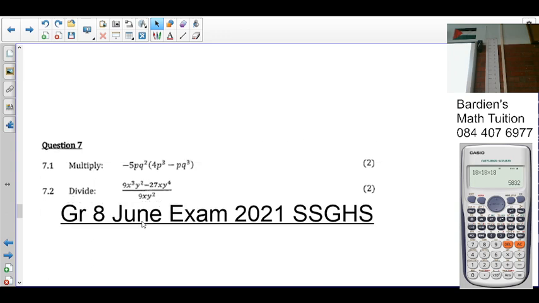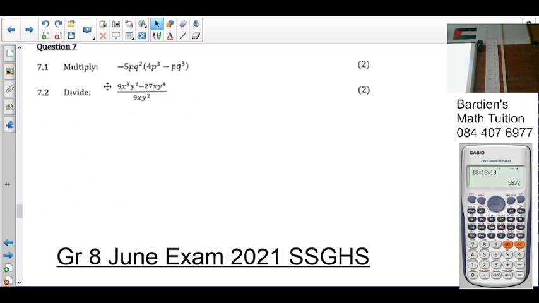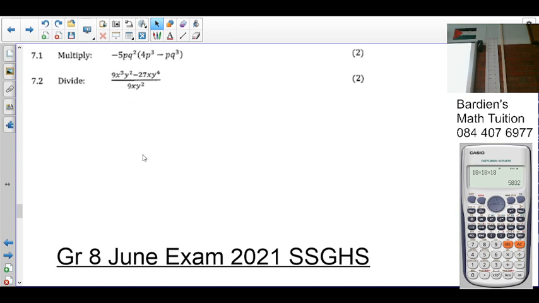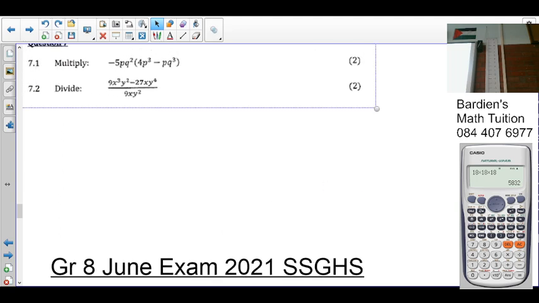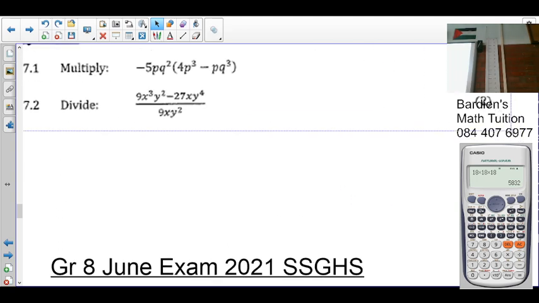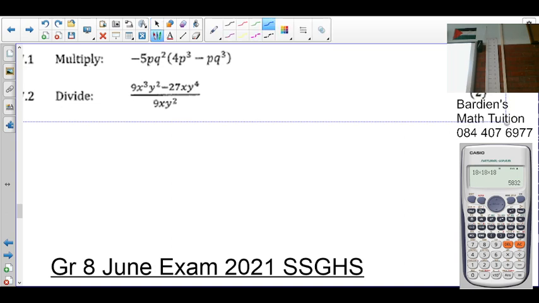Okay, next. Number 7. He says multiply. So what do I do here? Multiply. Get rid of the brackets. Is it like or unlike terms inside the bracket? Unlike. So negative 5pq squared times 4p cubed. Negative 20p.